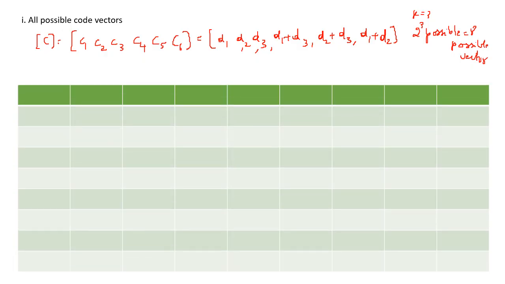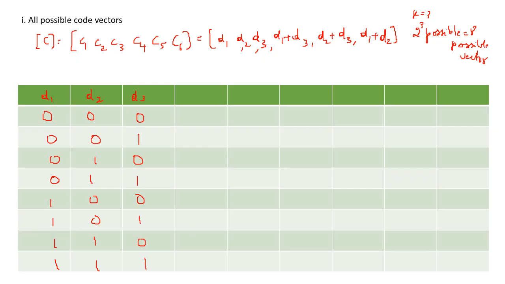Initially the first 3 bits form the message, D1, D2, D3, with 8 possible values: 000, 001, 010, 011, 100, 101, 110, 111. The next 6 bits are the code vector.